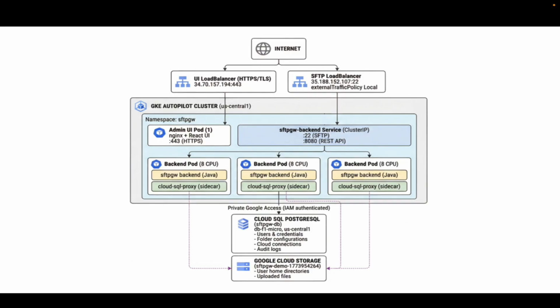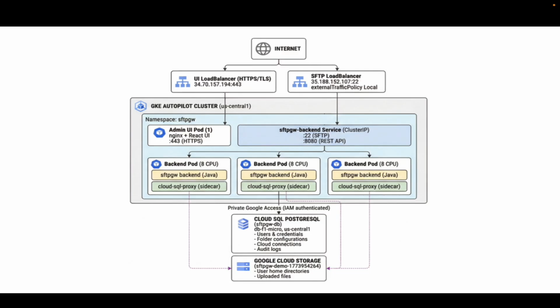Here's a diagram showing what goes into the SFTP Gateway container manifest. Starting with the backend pod, this is the SFTP service, which runs on Java. These backend pods can scale out horizontally depending on your workload. These backend pods are organized under a Kubernetes service, and then SFTP end users will hit a GCP load balancer, which proxies traffic to the backend service.